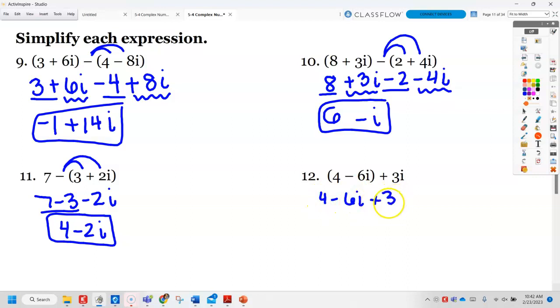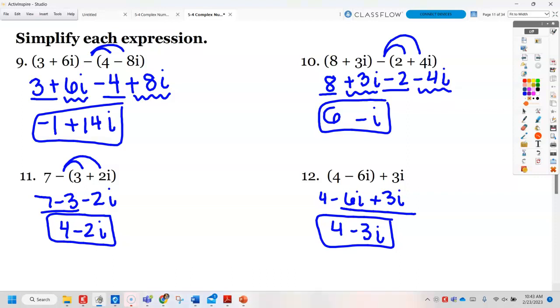And we're just going to combine like terms. Remember, you kind of want to throw that curl on the i so it doesn't look like a 1. So adding and subtracting is really easy. It's like combining like terms if you're adding and subtracting variables.